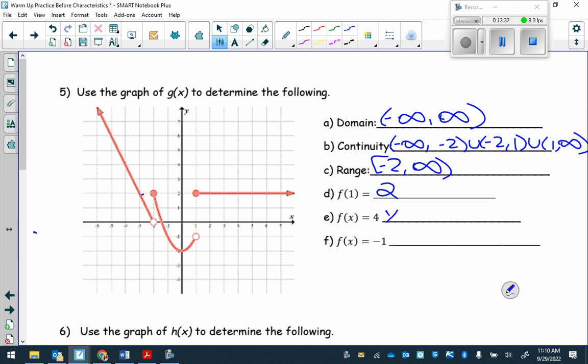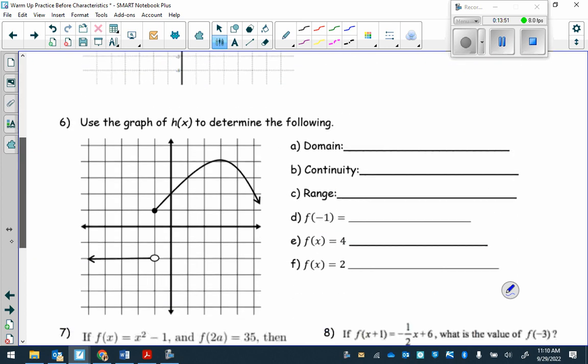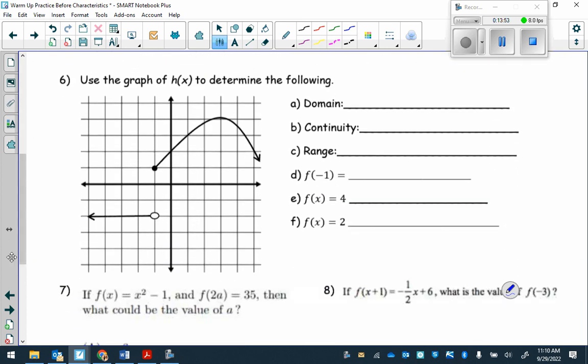Good. Good. Okay. F of x equals negative 1. What do we have? Yeah. Excellent. Good job. Great job, guys. Any questions? Are we okay? And this is the last graph we'll do today, so we can move on. Okay, we'll get to those a little bit later.